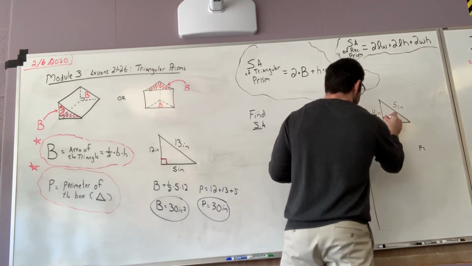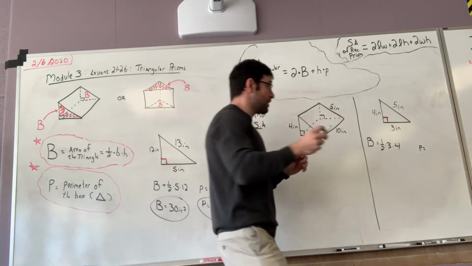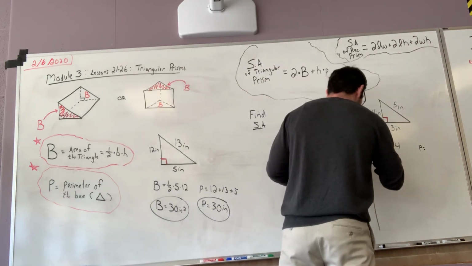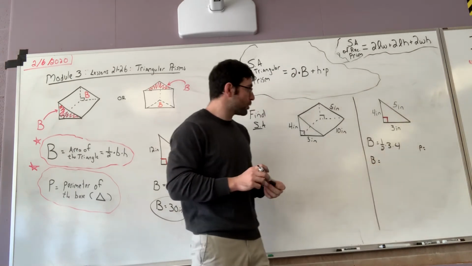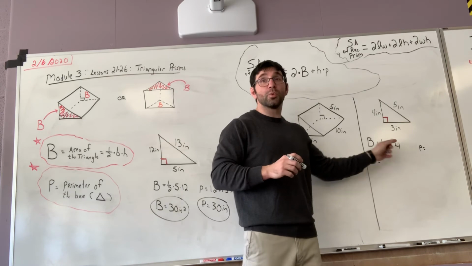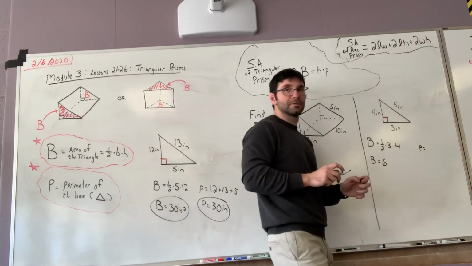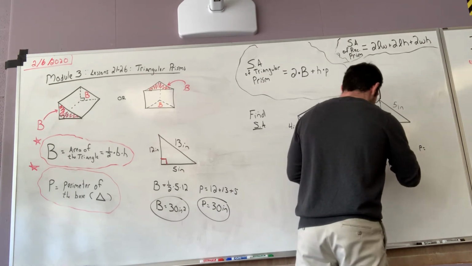Where my right angles meet. Okay? Those are my bases and heights. So let's finish off here. So now I'm left over with base equals. Stephen, what'd you get for 1/2 times 3 times 4? 12. Well, 3 times 4 is 12. What's 1/2 of 12? 6. Very good. But it's not just 6, it's 6 what? Inches squared. Very good.